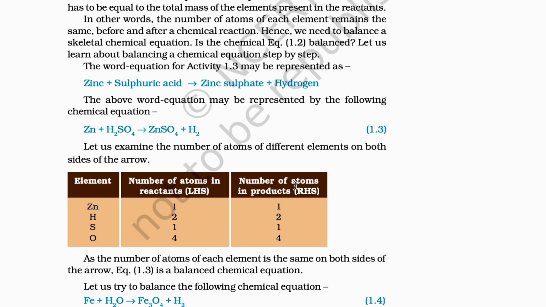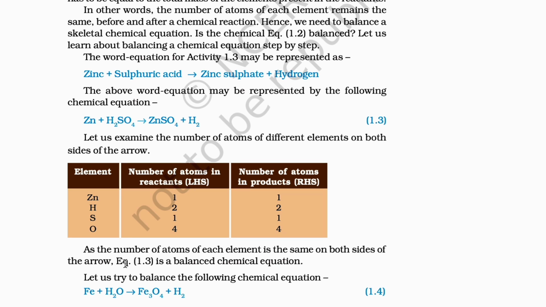Number of atoms in products, right hand side, 2. Sulfur as an element. Number of atoms in reactants, left hand side, 1. Number of atoms in products, right hand side, 1. Oxygen as an element. Number of atoms in reactants, left hand side, 4. Number of atoms in products, right hand side, 4.